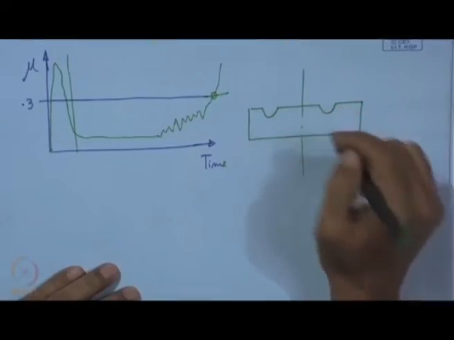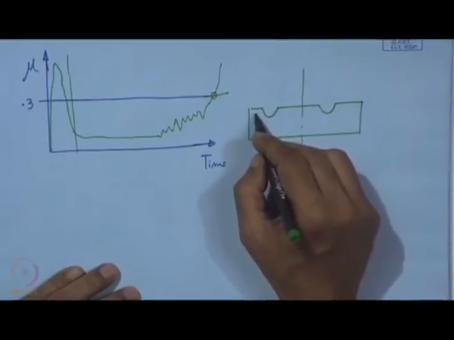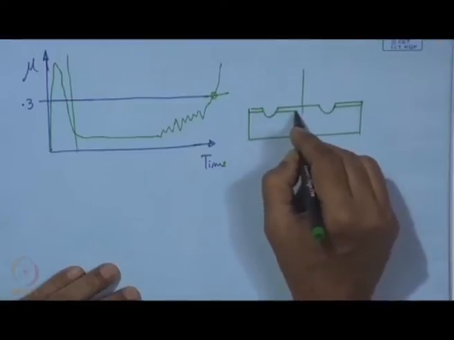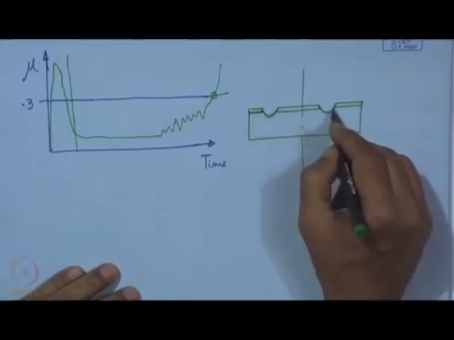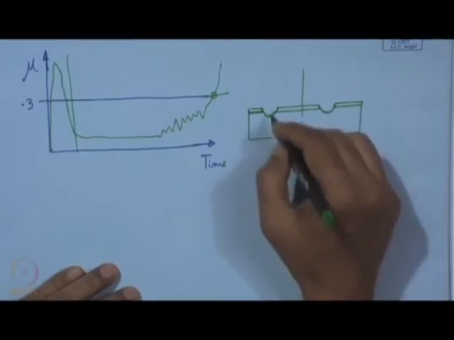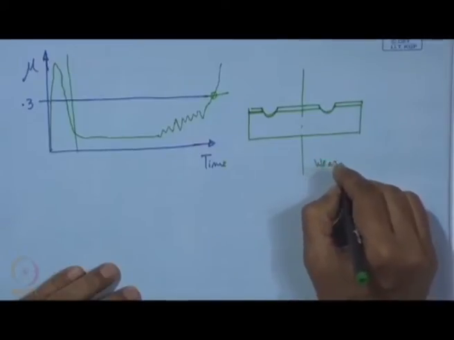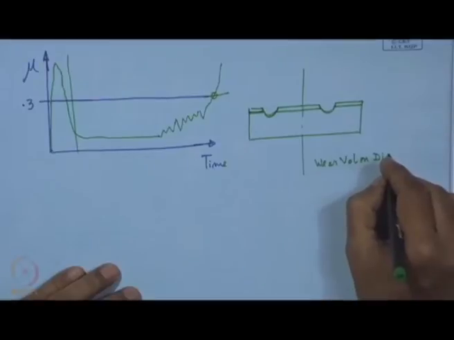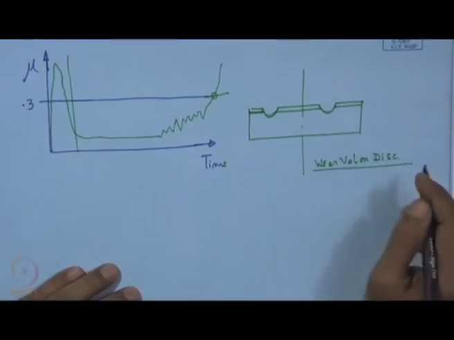If it is the frontal cross sectional view, in that case this is actually the coating, and we ask what is the volume that is removed from this wear track, and this volume can be calculated. That means, wear volume on disc. This is one wear volume on disc.